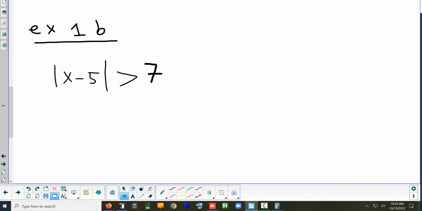See if you can solve 1B. Let me just change it a little bit. So see if you can solve 1B. And don't forget about step 1 in this problem.